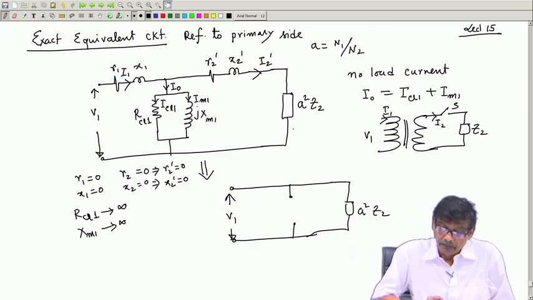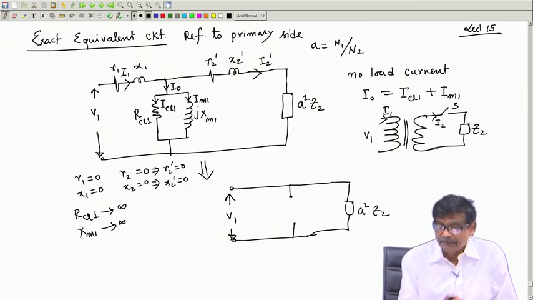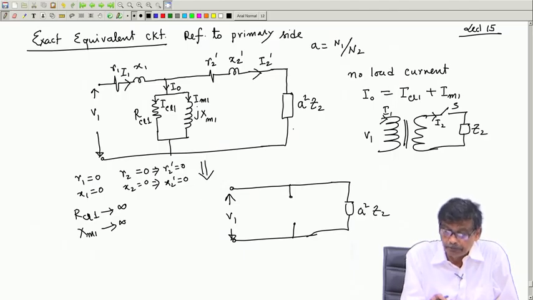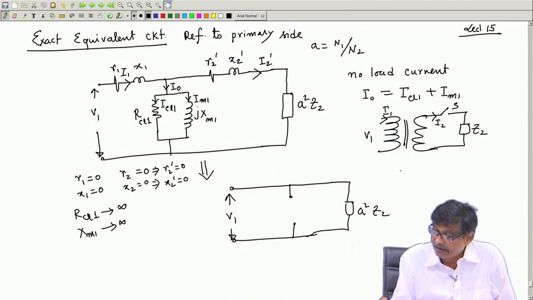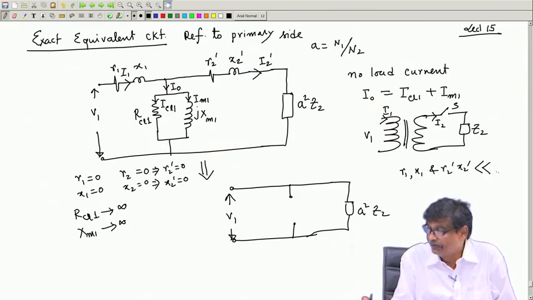Okay. Now, in this equivalent circuit, I know that R1 X1 and R2 dash X2 dash are much smaller compared to this parallel branch RCL1 and XM1. What I am telling is R1 X1 and R2 dash X2 dash, these are much smaller than your RCL1 and XM1.